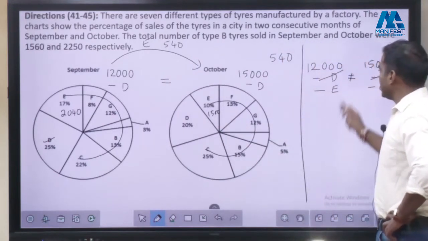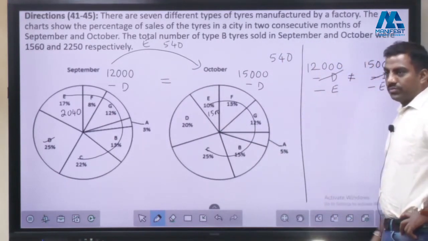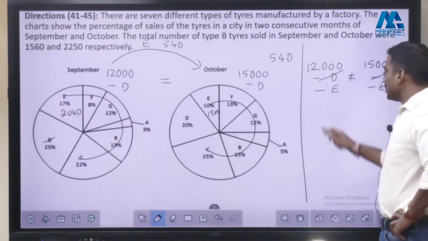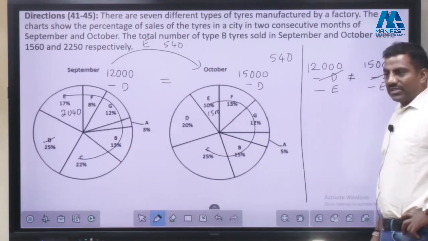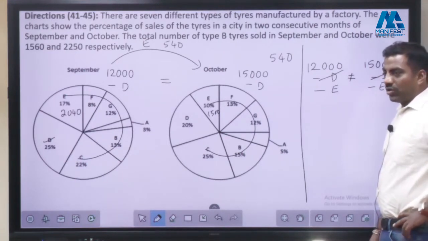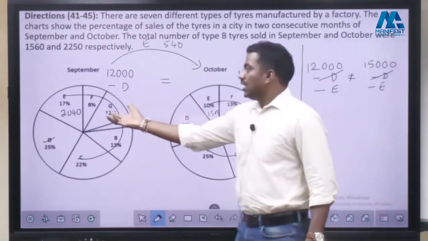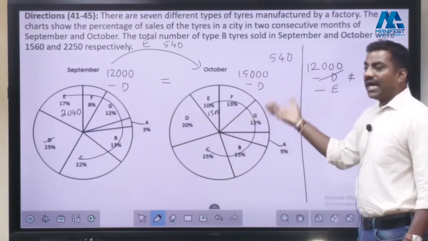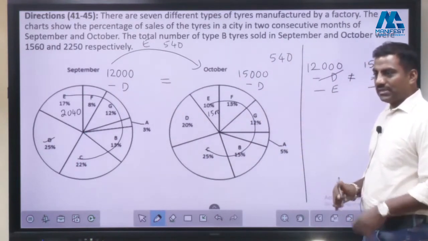So what was the difference between these two? 540 was the difference. Okay, so in this E has 540 more. Here E has 540 less.